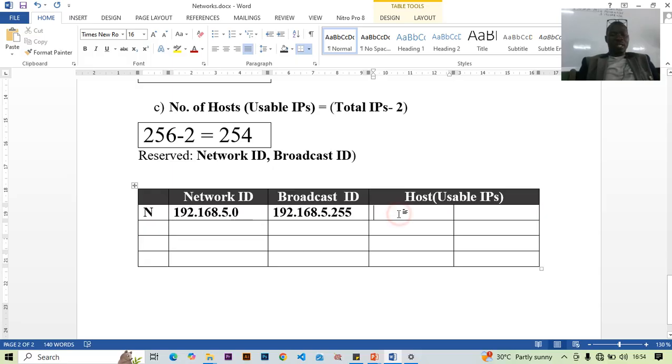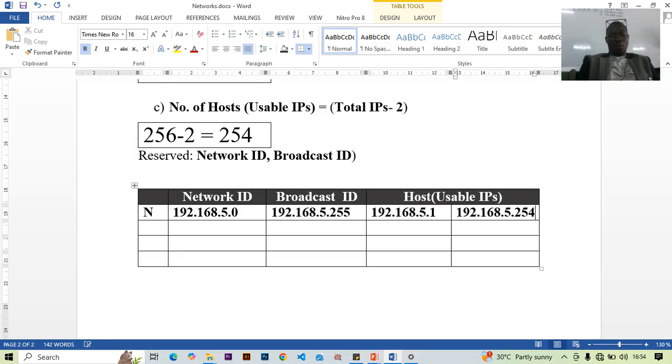So which means we shall have 192.168.5.1, because from 0 you go to 1, up to 192.168.5.254, because you're going to run from 1, 2, 3, 4, 5, 6 up to 254, and that's where you're going to stop. So all these are reserved for our clients. From 1, 2, 3 until 254, these are basically to be used by our clients.